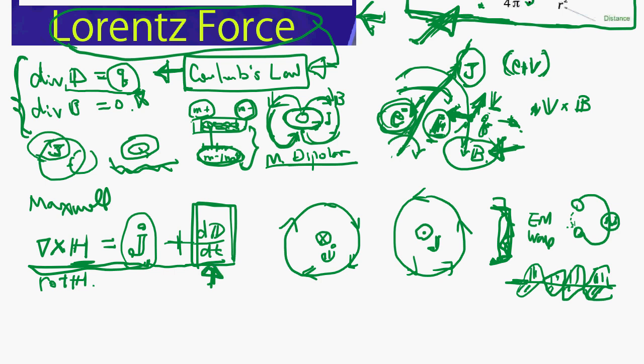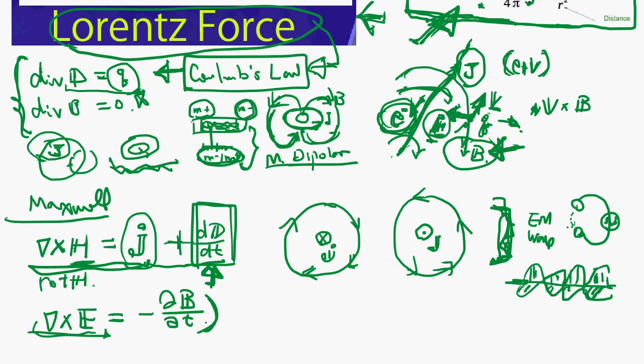We have to add that, because the next equation in Maxwell's is Faraday's law, the induced potential or voltage by a change in the magnetic field. So a change in the magnetic field is going to generate electric field changes, and the electric field changes are going to generate magnetic field changes, and that's going to change this.